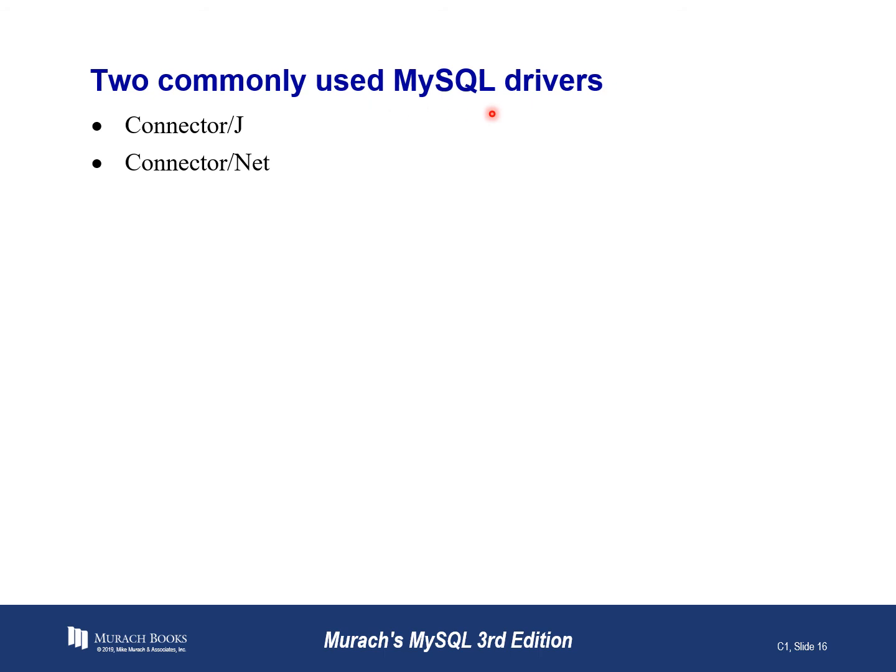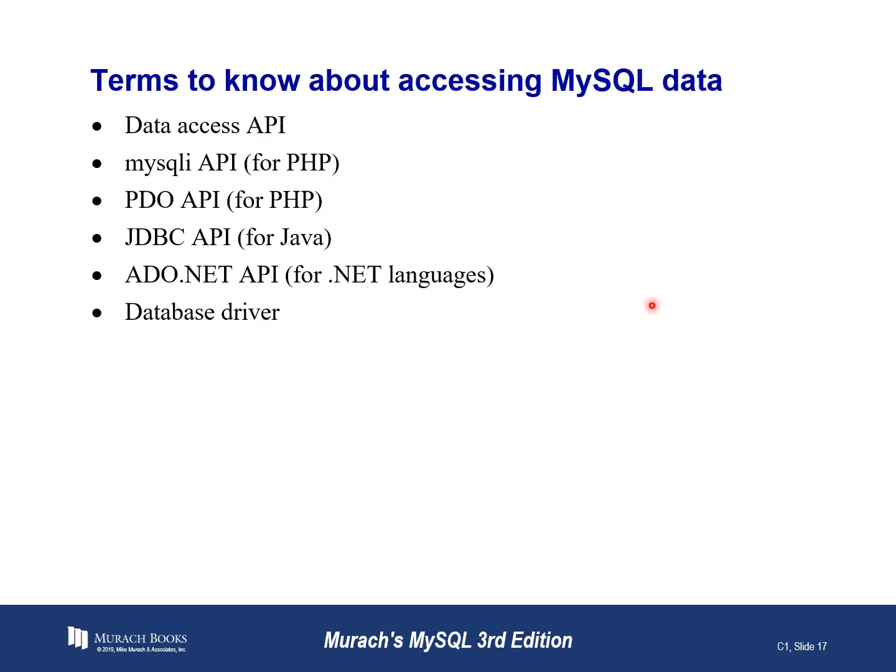The two commonly used MySQL drivers are Connector/J and Connector/.NET. Terms to know about accessing MySQL data; we discussed most of them. Data access API: you're going to need an API if you want to interact with MySQL through a programming language.